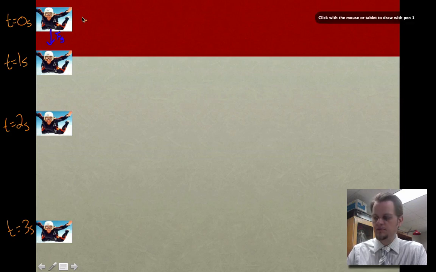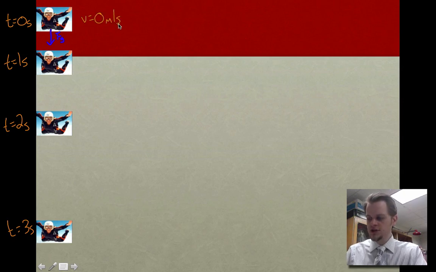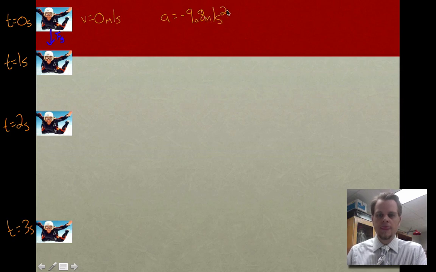What we can say right here is his velocity right now is 0 meters per second. This is right as he jumps out. 0 meters per second, and at this point, his acceleration is negative 9.8 meters per second squared. This is how much he's speeding up, and this is his speed.